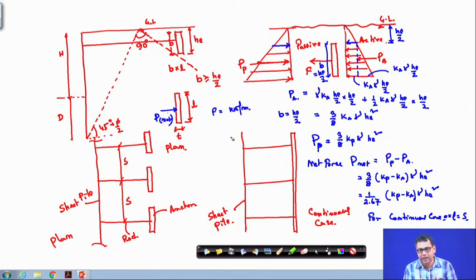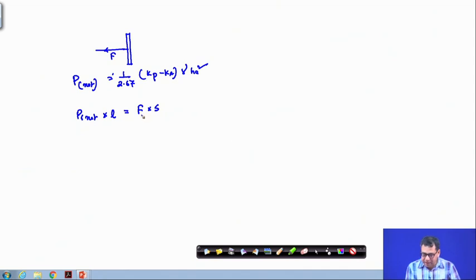So, this is F, the anchor force, and you multiply by S to get the total force. Similarly, the P net that is acting here, if I multiply with the length in plan, then I will get the total force.